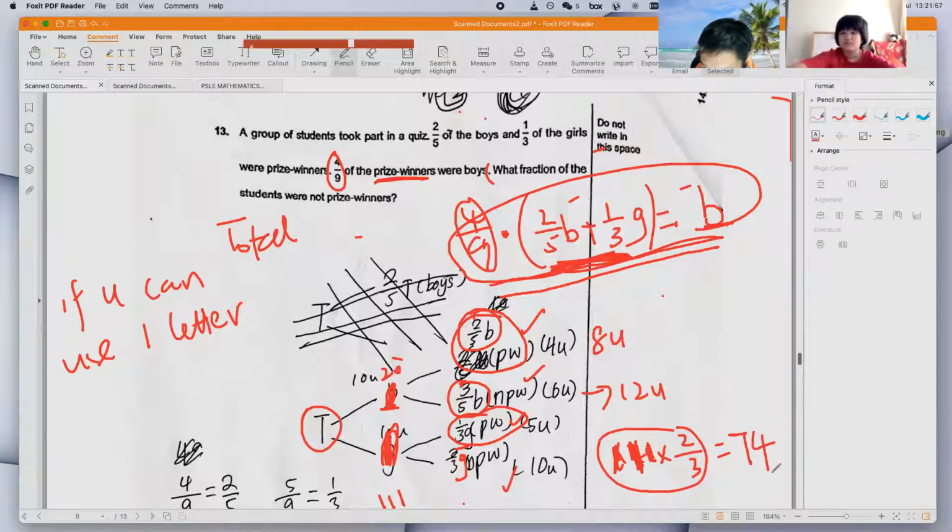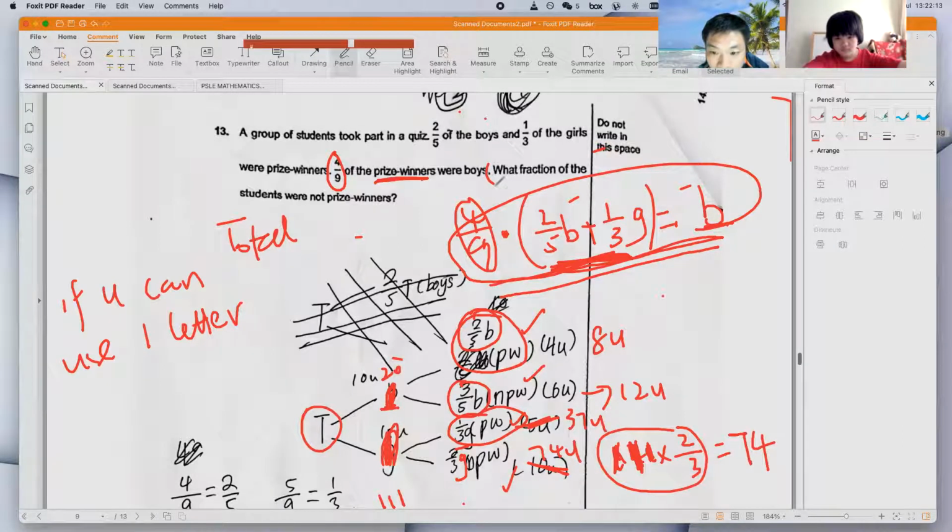So 74, right? So therefore this is 74 units. So 111 units is 37 also, yes.